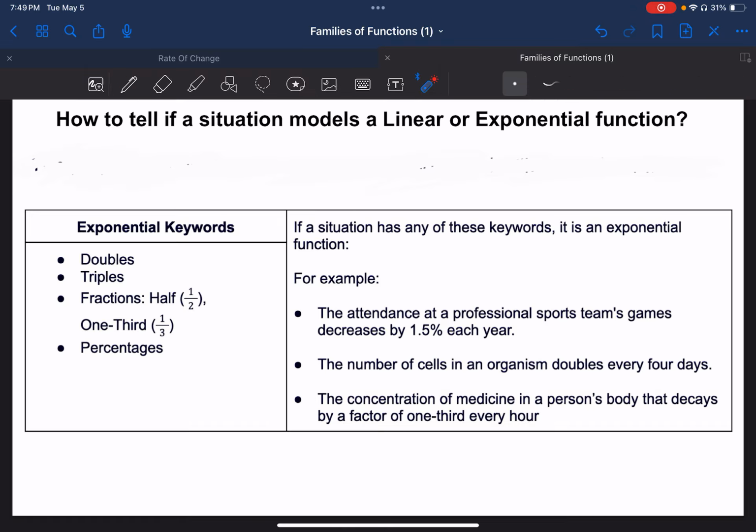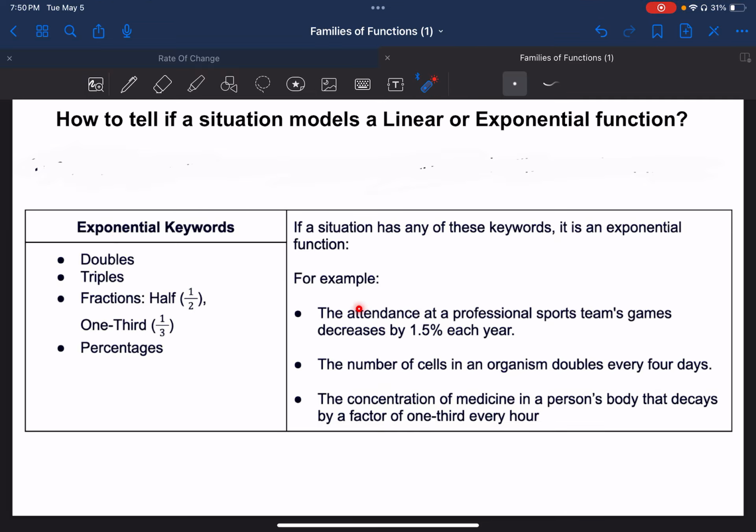And to do that, there's a little bit of a hint. So the hint is knowing these keywords that always tell us that we're dealing with an exponential function. So if a situation talks about doubles or triples, if it talks about a fraction of something like half or 1/3, or if it has a percentage, then that means that we're dealing with an exponential function.